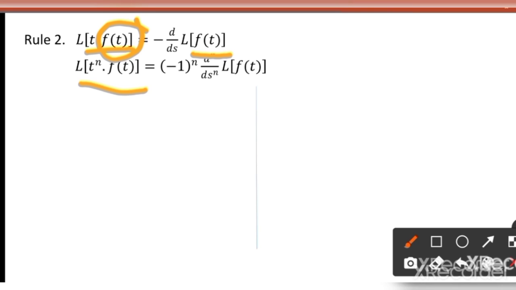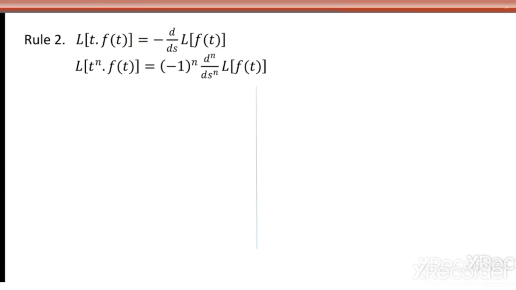If it is t power n, you have to differentiate n times and multiply that with the sign minus or plus, depending on minus 1 power n. So minus 1 power n d by ds, the nth derivative of the Laplace transform of f of t.